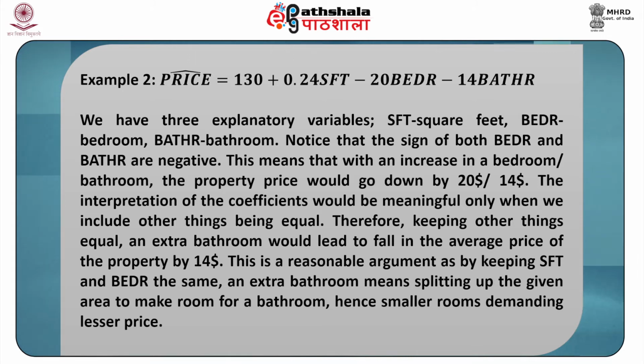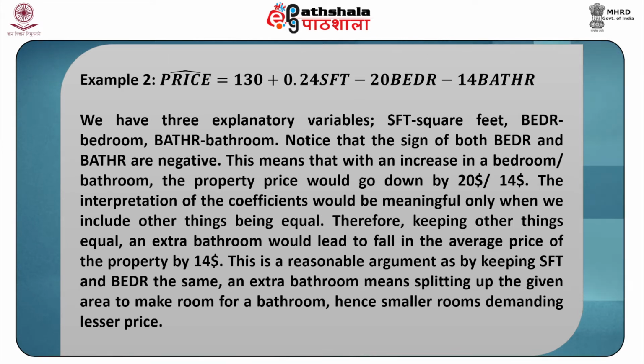Notice that the sign of both BDR and BATHR are negative, going beyond our expectations. This means that with an increase in a bedroom or bathroom, the property price would go down by, let's say, $20 or $14. In fact, it should be the opposite. An extra room should increase the price.